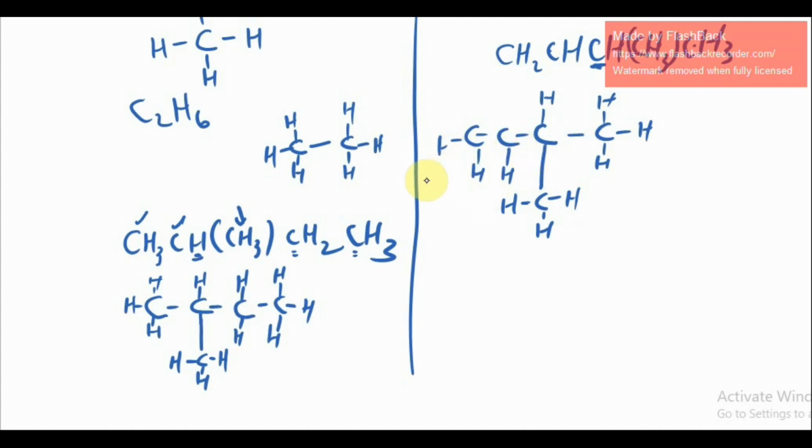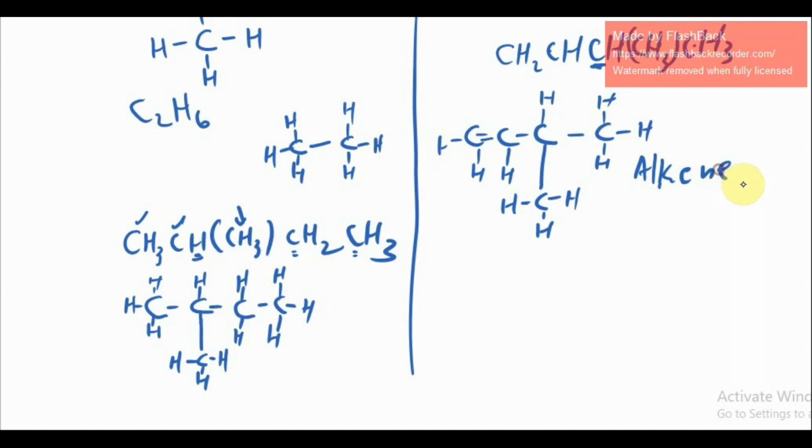Now we have to count the number of bonds. If we look at this carbon, we have this line 1, line 2, line 3. We need 1 more line, which means there is a double bond here. Then to make 4, even here we have 1, 2, 3, 4. So this one is now an alkene.